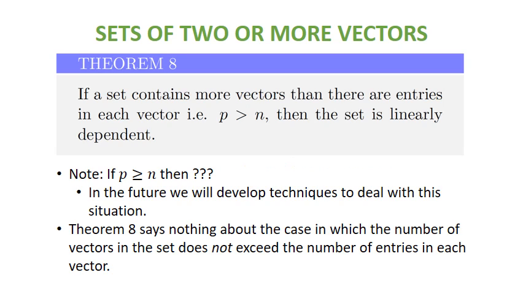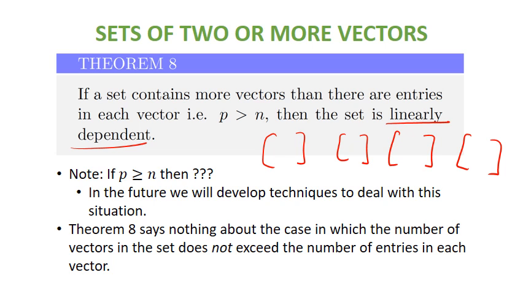Another theorem, Theorem 8, comes up quite a bit in your homework. It says that if a set contains more vectors than there are entries in each vector, then the set is linearly dependent. So basically, if you have 4 vectors, and they each have 2 entries, this would be linearly dependent.